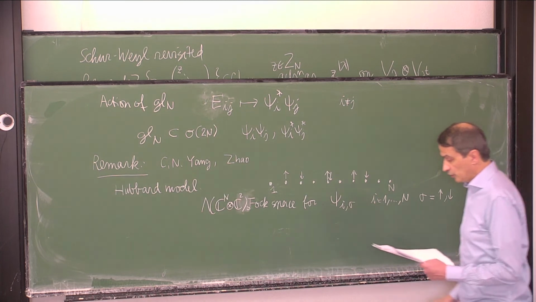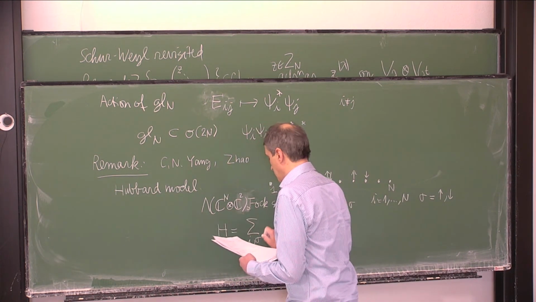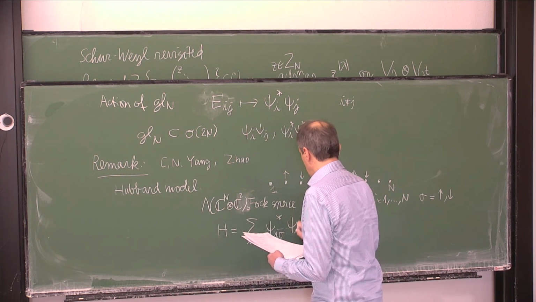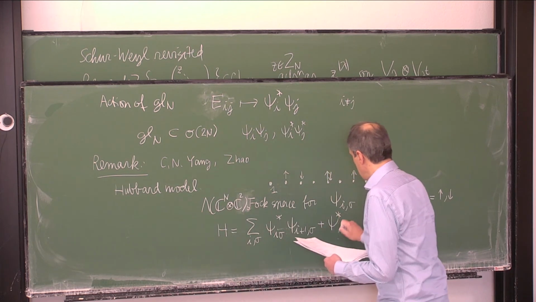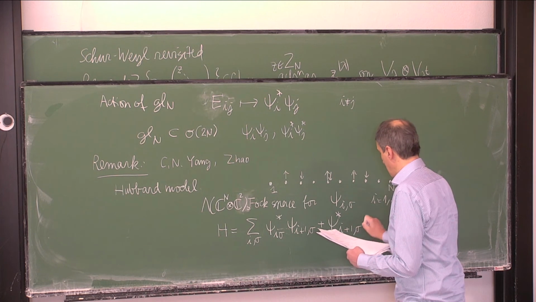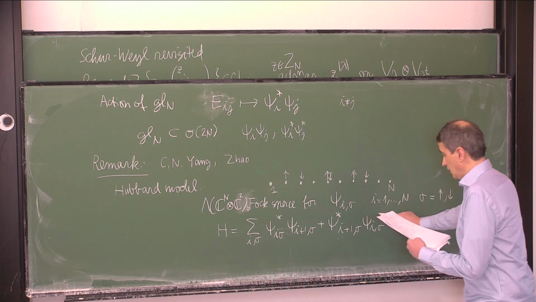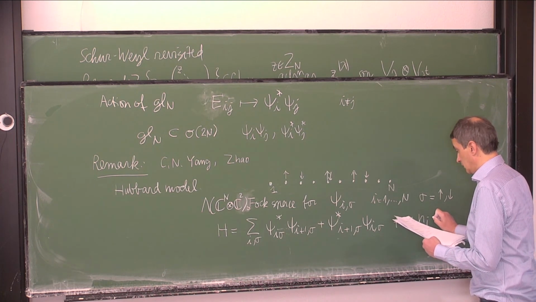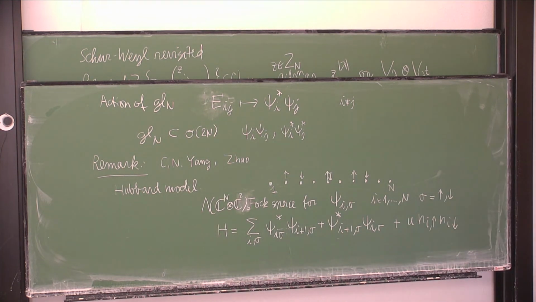And then there is a Hamiltonian, which is the sum over i and sigma of psi i sigma star psi i plus 1 sigma plus psi star i plus 1 sigma psi i sigma, plus u times n i up, n i down.